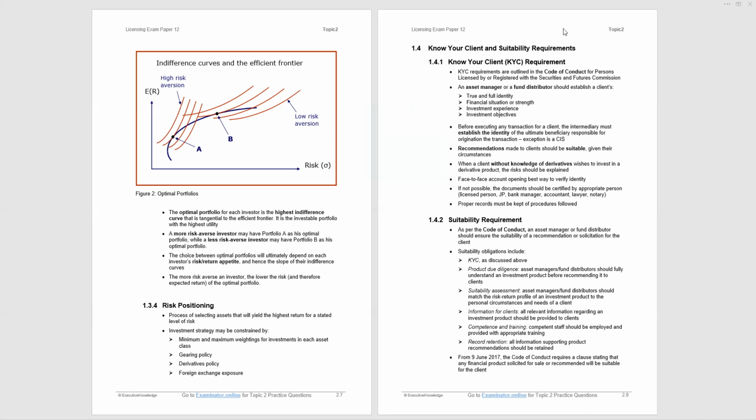A more risk averse investor, going to the left of the diagram, may have portfolio A as his optimal portfolio, whereas the less risk averse investor can take on more risk, looking for the higher return, more likely to be portfolio B. The choice between these optimal portfolios ultimately depends on the investor's risk return appetite.